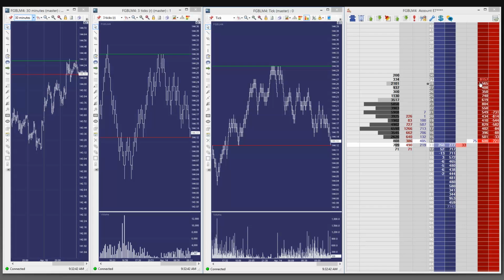Because if you see the book now, it's 8, and it's almost back to even again. They've pulled all these. These are the type of things you have to keep looking at, what's happening.